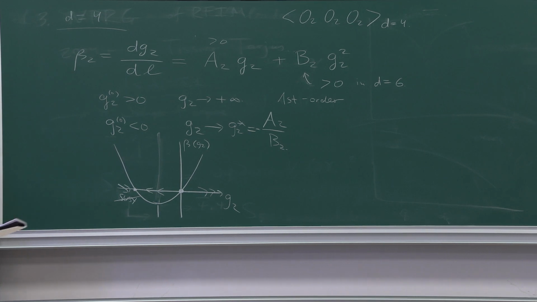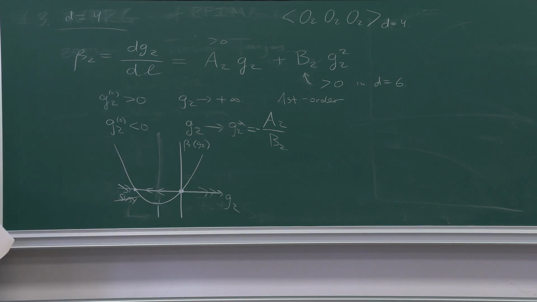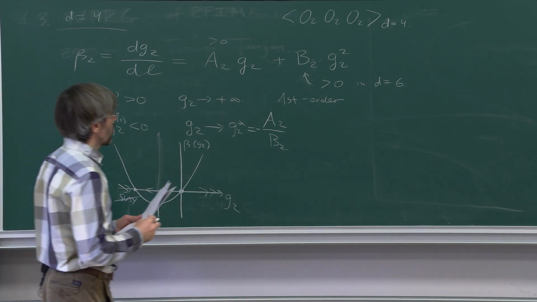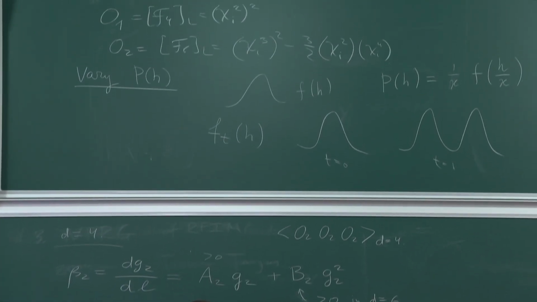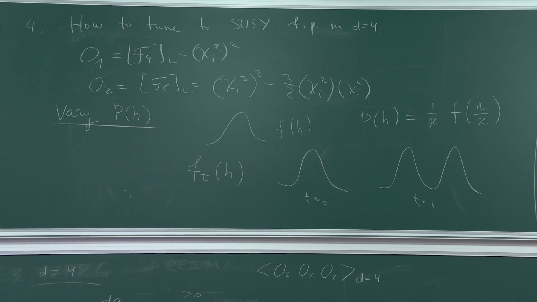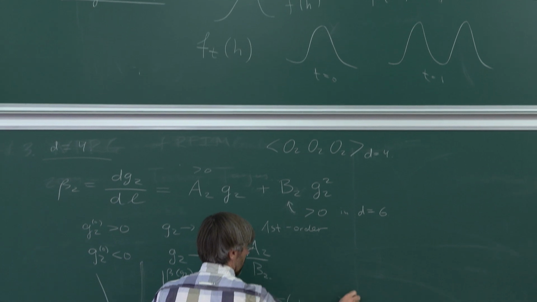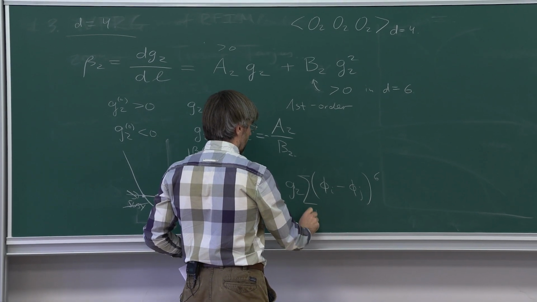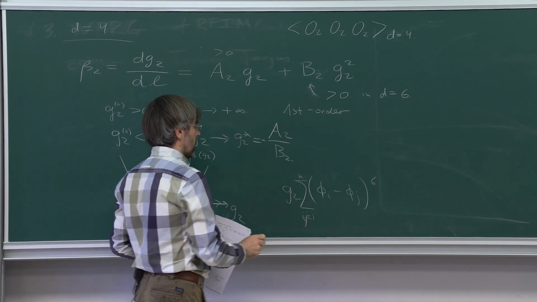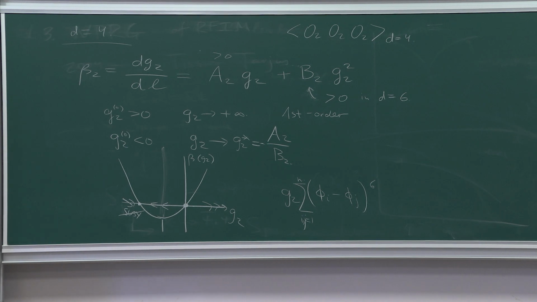Now, is this a problem, that the fixed point coupling G2 is negative? I don't know. So recall that this operator F6 was appearing, it looked like phi_i minus phi_j to the 6th in the S_N invariant theory. So is it a problem to have such a coupling in your effective action with a negative coefficient?